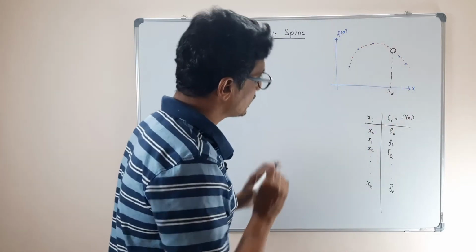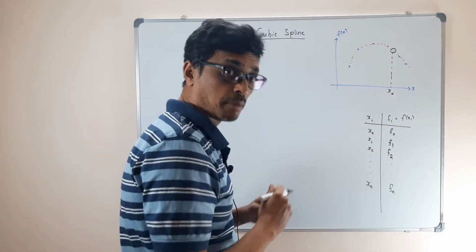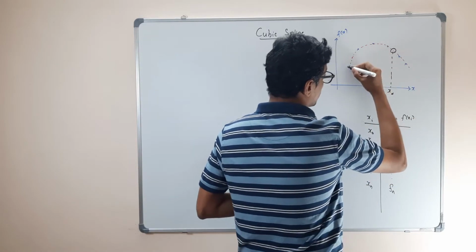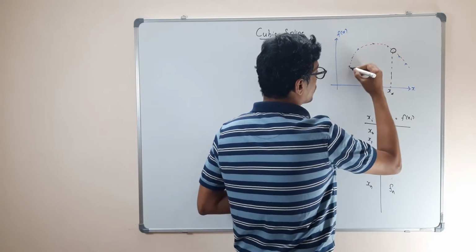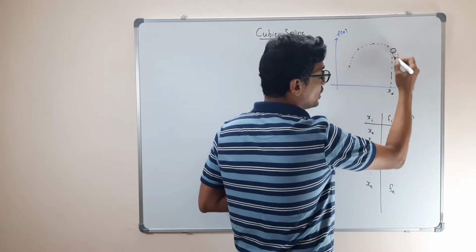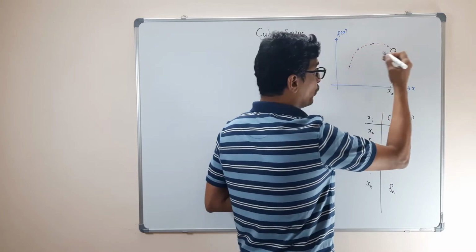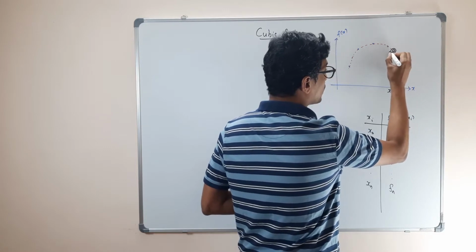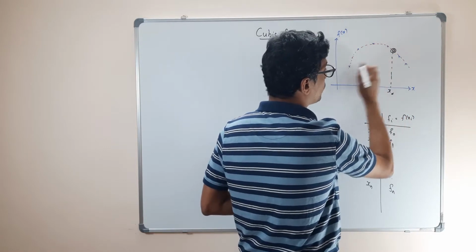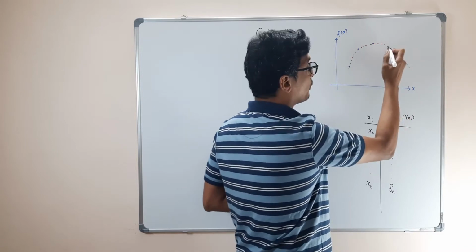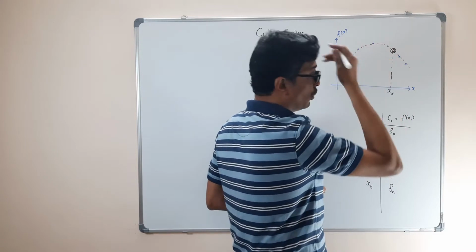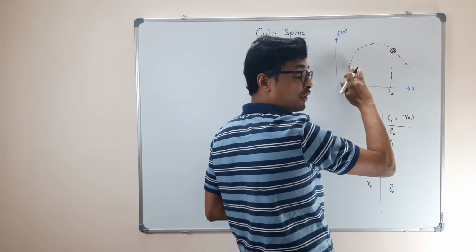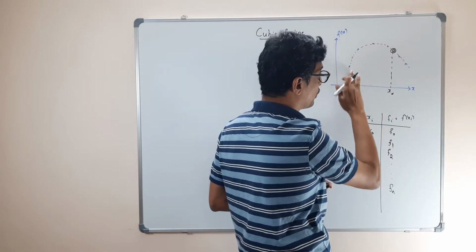The problem with this type of polynomial interpolation is that, since you are constructing a polynomial, the polynomial will have a strong dependence upon all the points you have considered. So the value of the function you are estimating here will have a strong dependence even on points far away from the point where you want to find the function.